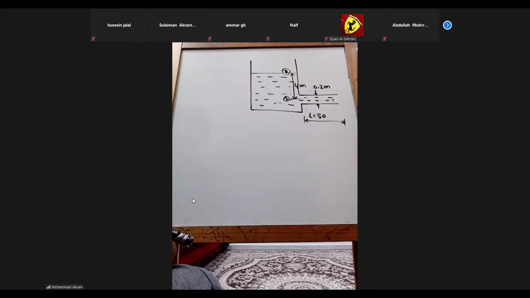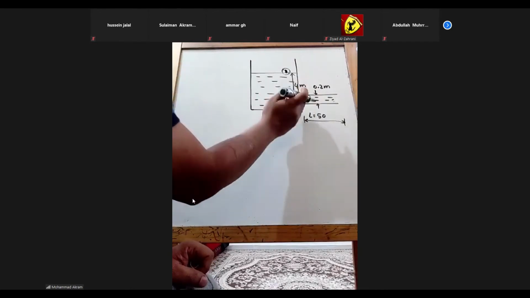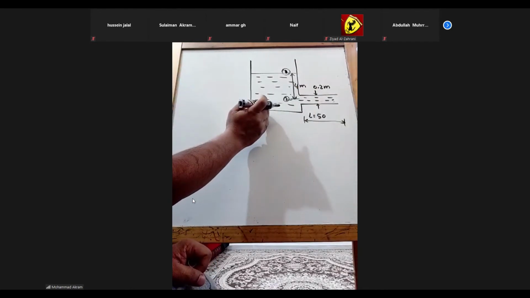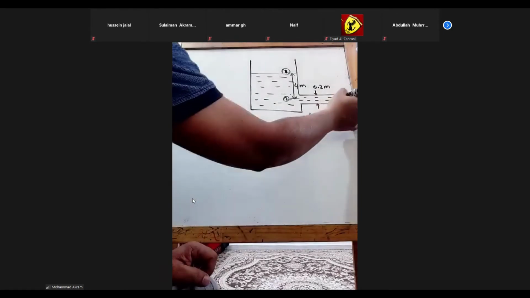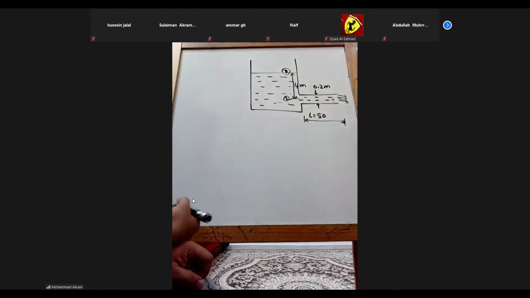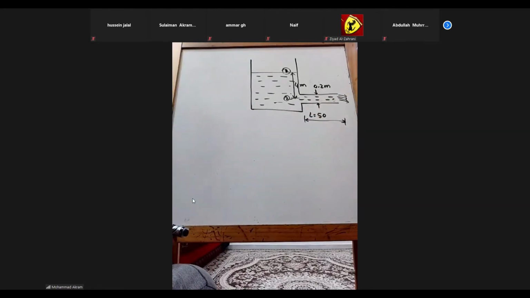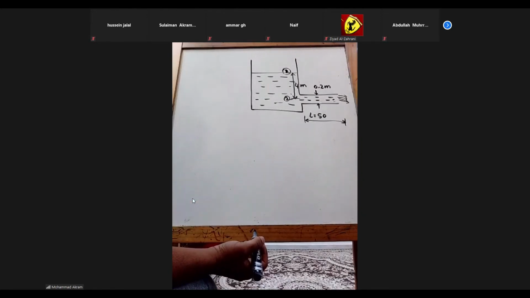Yes. The pipe is connected on one side to the tank, and on one side to the atmosphere. No, I understood from the question there are two pipes, not one. Read it again.